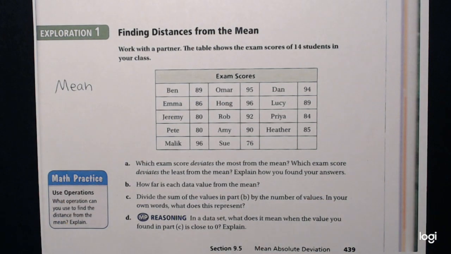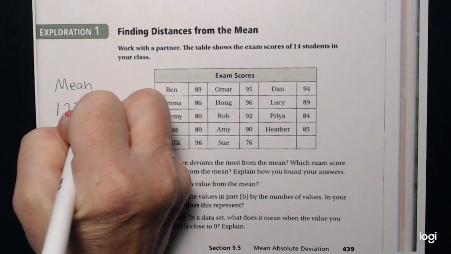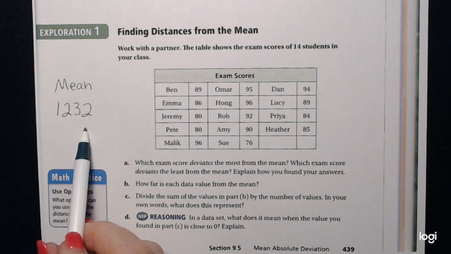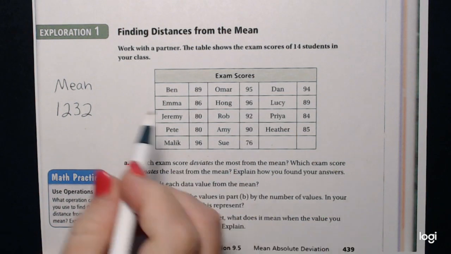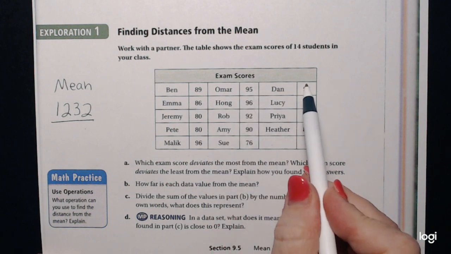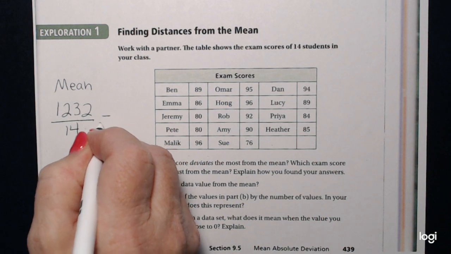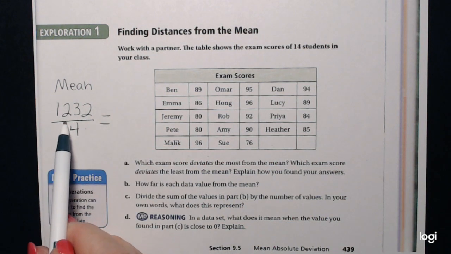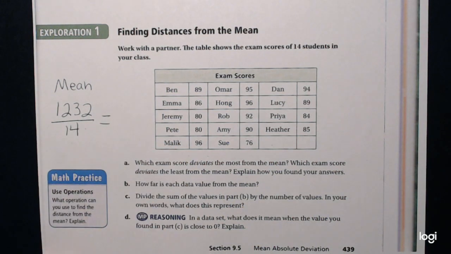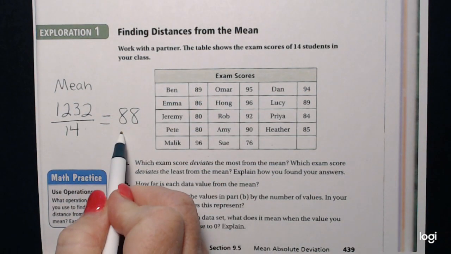When I used my calculator and added all of the scores together, I got 1,232. Now we know in order to find the mean, we have to add these up, and then divide by the number of numbers, and we know that there are 14. So when I took 1,232 and divided it by 14, I found the mean to be 88.